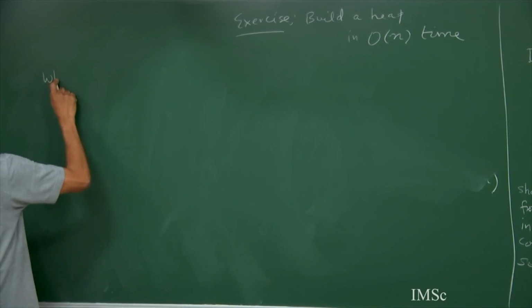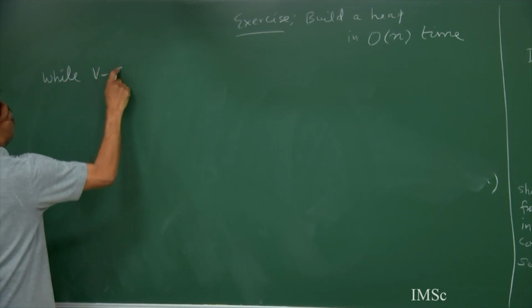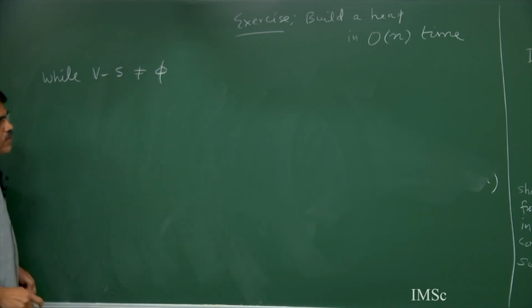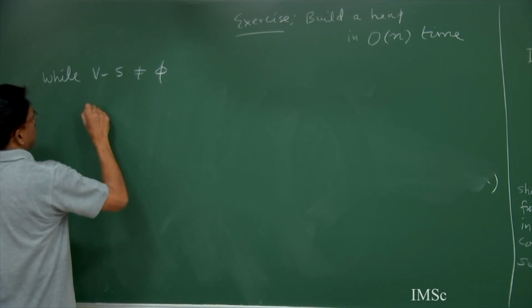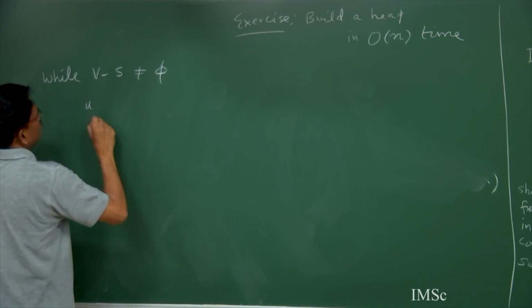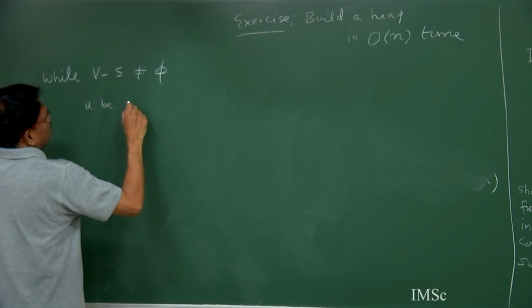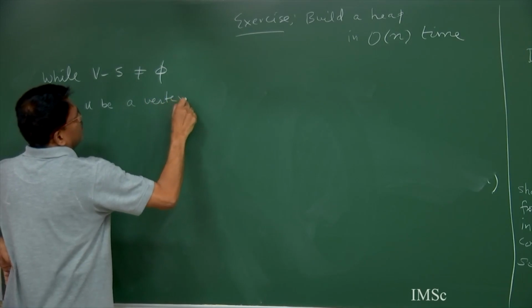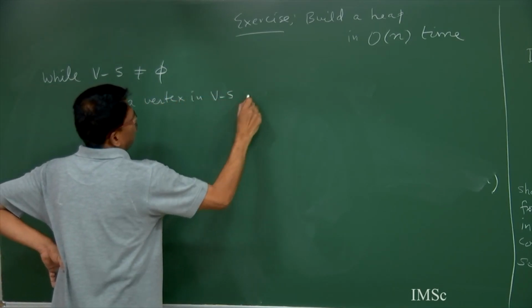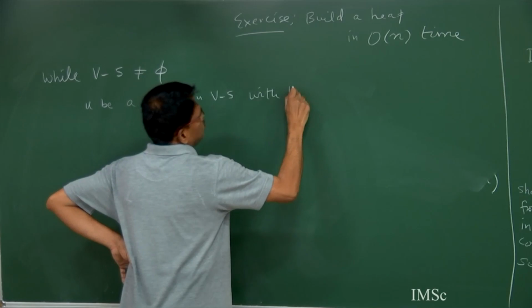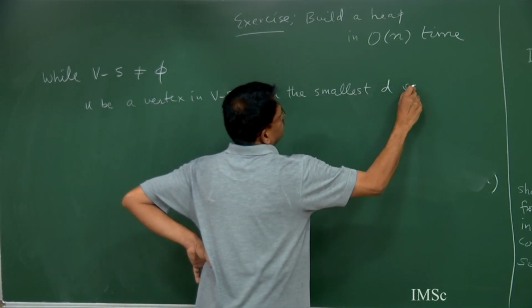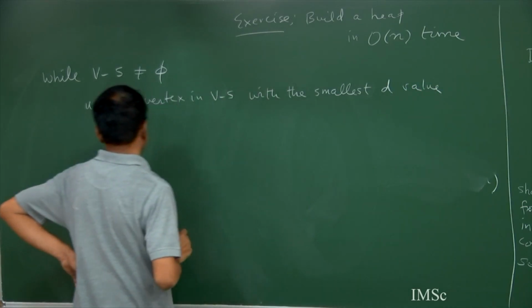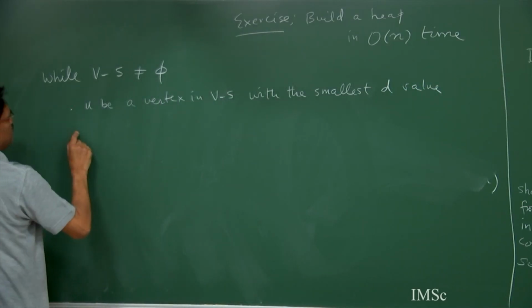So, how long would you continue this? As long as, if S has gotten every vertex, then you will stop, right? As long as that doesn't happen, let U be a vertex in V minus S with the smallest D value, right.